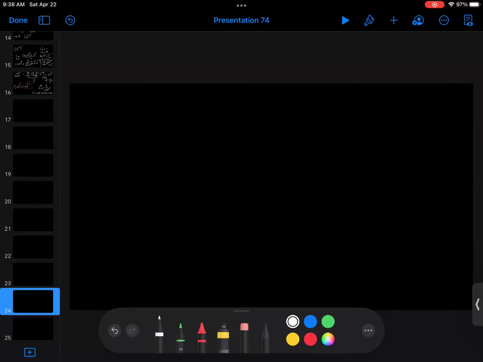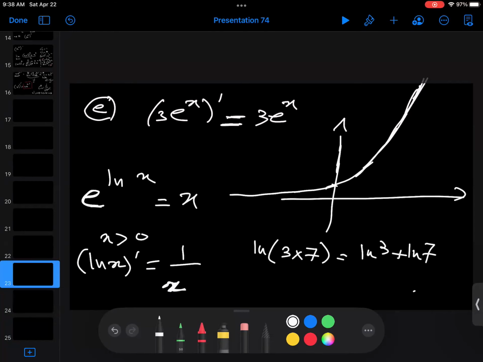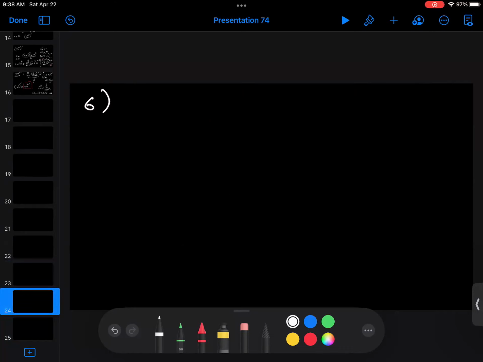Another important kind of derivative: let's assume that I have f of x that writes, for example, 3x squared plus 2x plus 2, and then I put it to the power fourth.